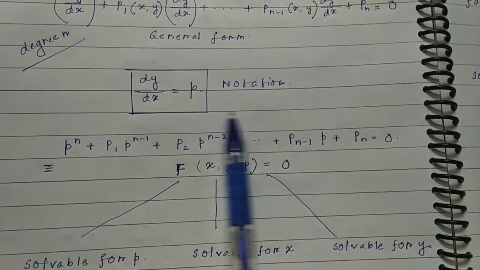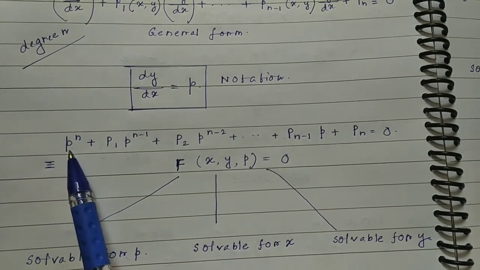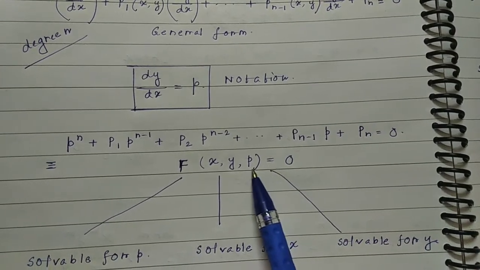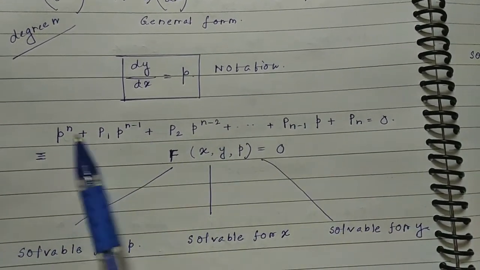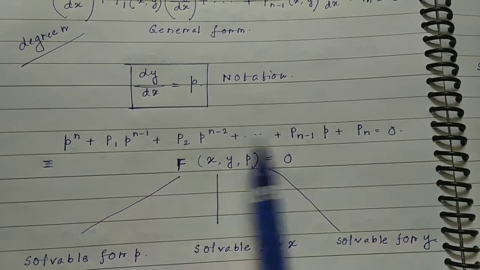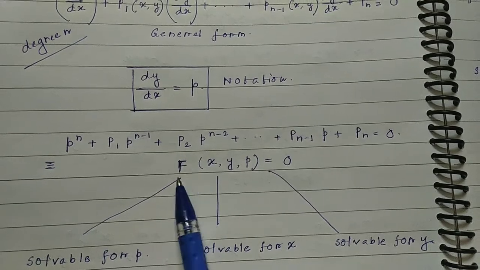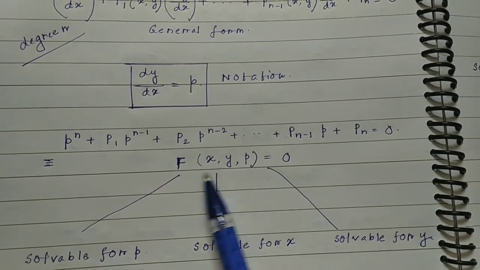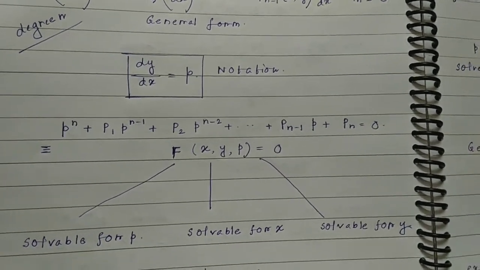So in these expressions x and y are there, and another variable p, which is actually dy/dx, and the powers of p will come. So this expression can be written as a function of x, y and p, and this function we will always denote by capital F. So F(x, y, p) = 0. This is our given equation.